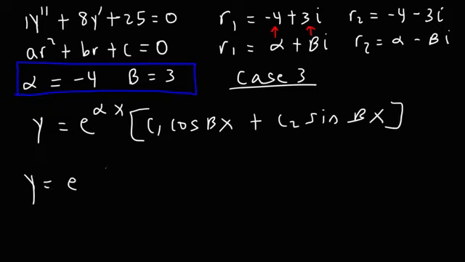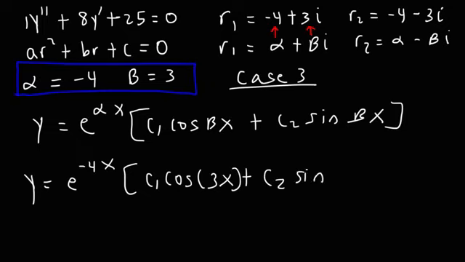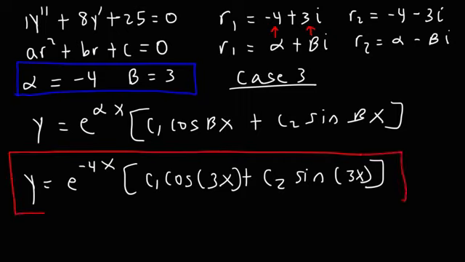So let's replace alpha with -4, and then let's replace beta with 3. And so this is the final answer for this problem.